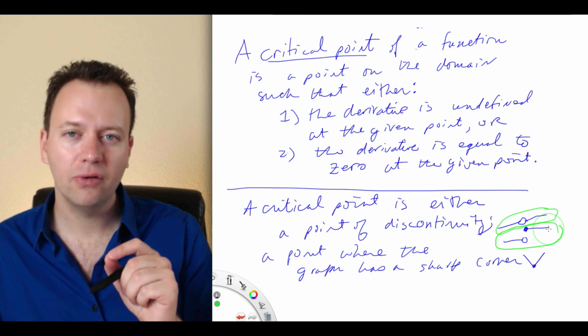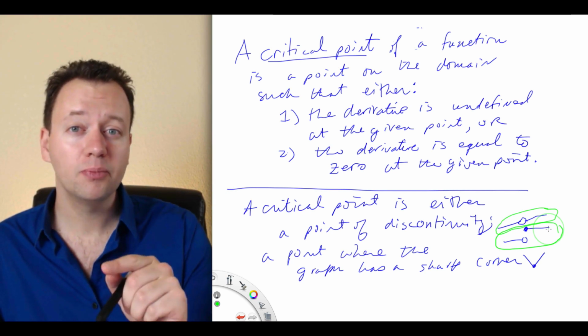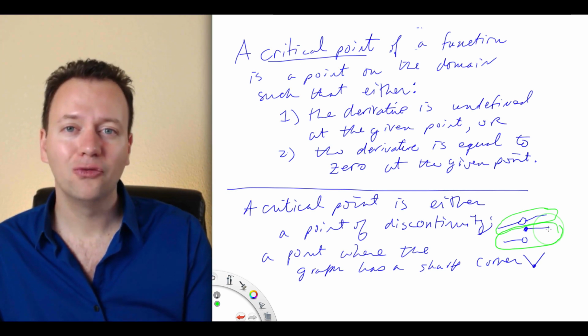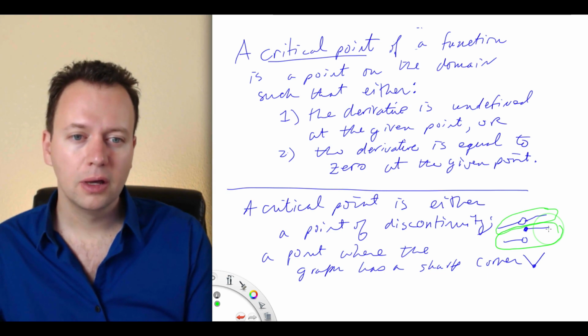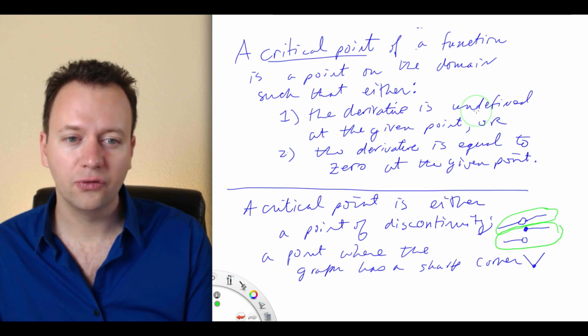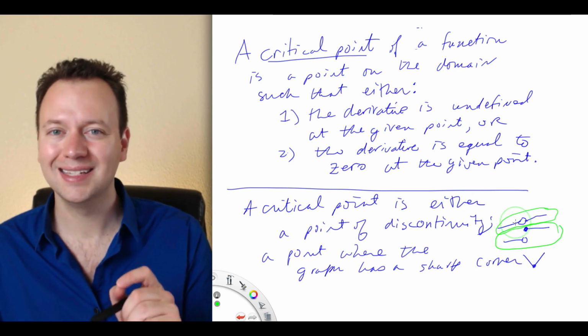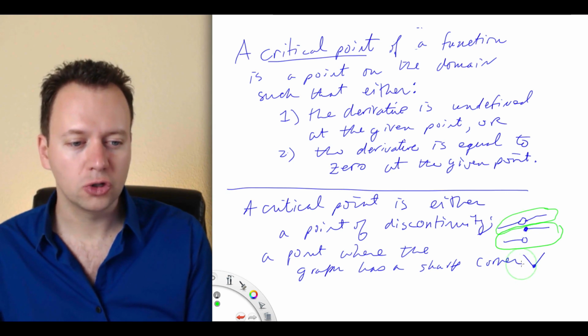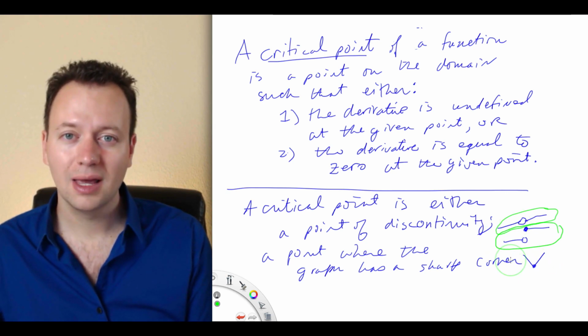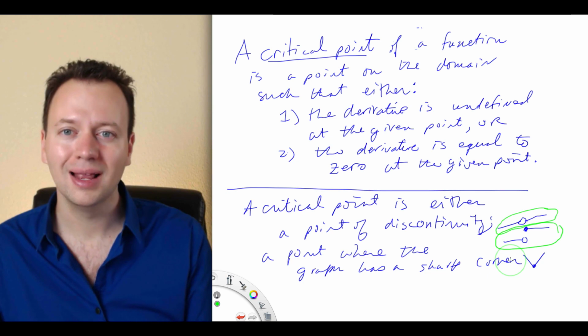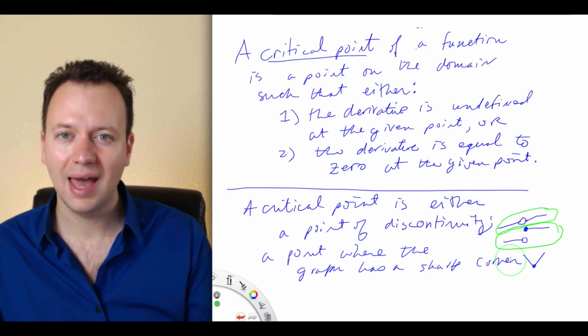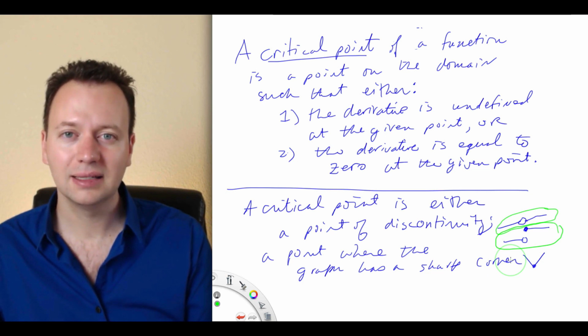So whenever you have a hole or a jump discontinuity in a function, the function fails to be differentiable. So saying the derivative is undefined, in other words, the function is not differentiable, that can happen either if the function is discontinuous at that point, or if there's a sharp corner in the function's graph at that point, like there is in the graph of the absolute value of x at x equals 0.